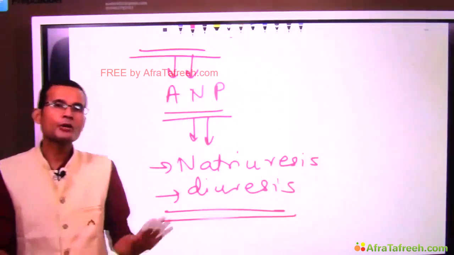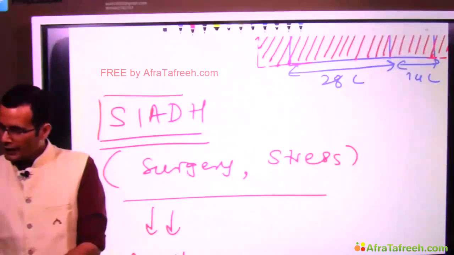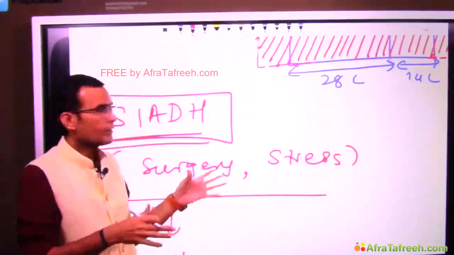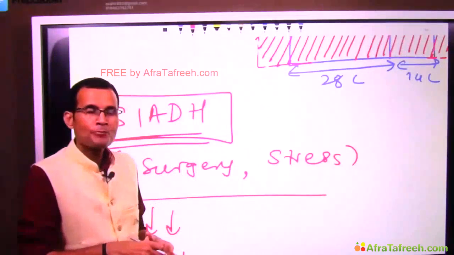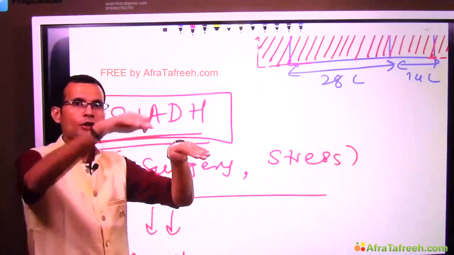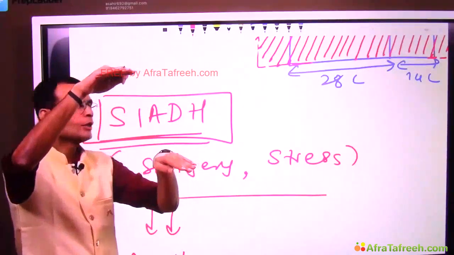The final point that I am trying to make here is this. Remember, when SIADH was the starting condition, sodium and water in the ECF. Now water has been gained because of inappropriate ADH secretion.